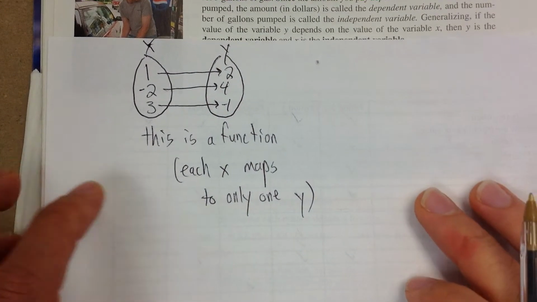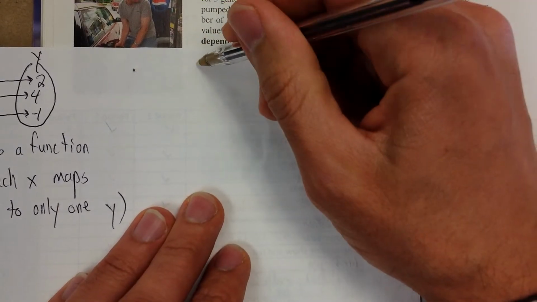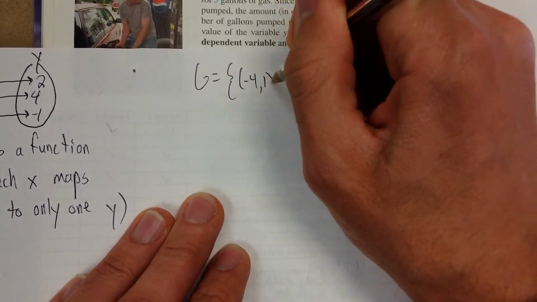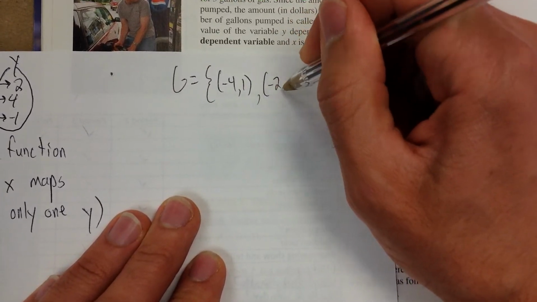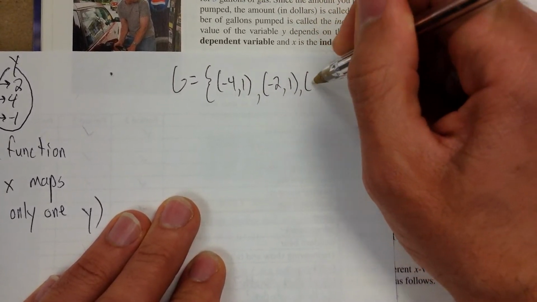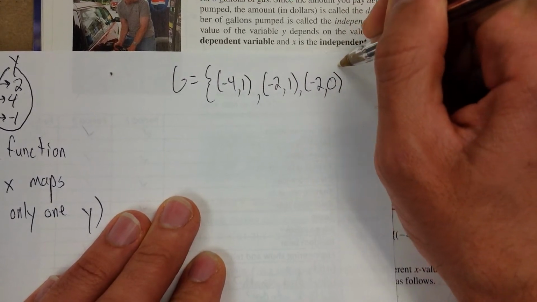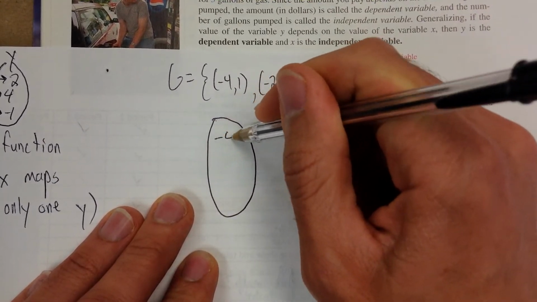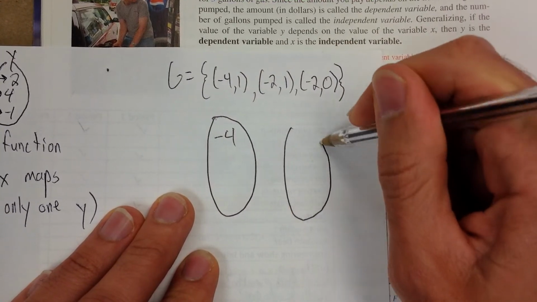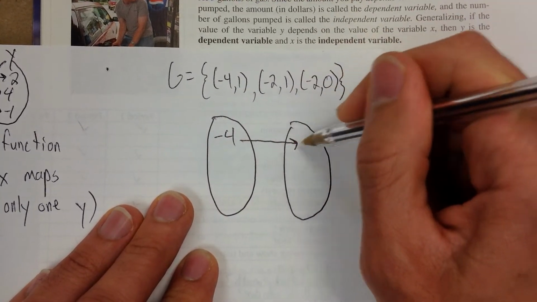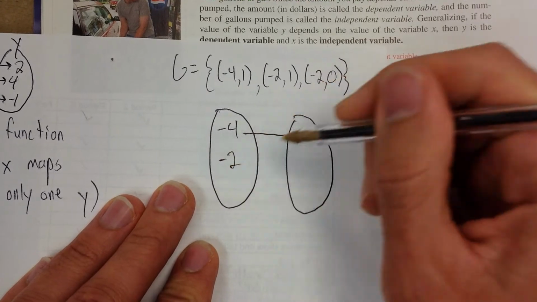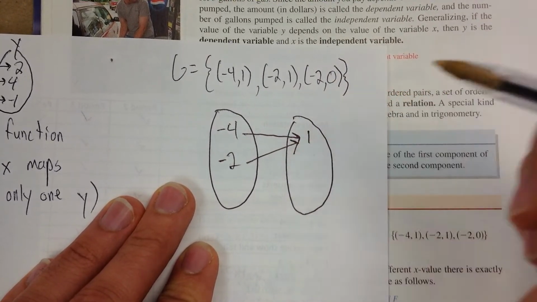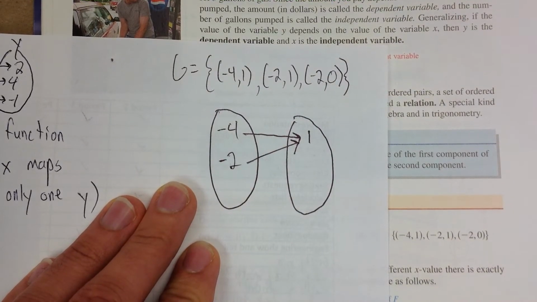Let's do another one. Negative 4 maps to 1. Negative 2 maps to 1. But that's not a problem.